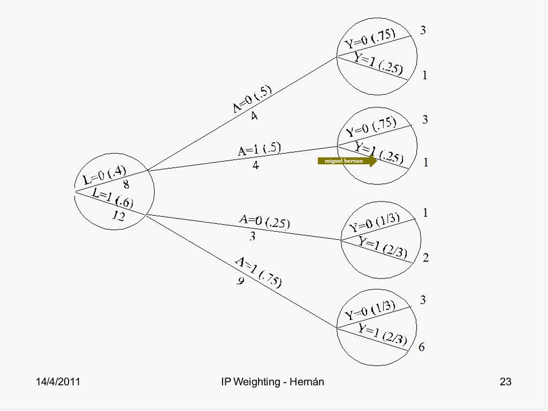What we need to know here is what the risk would be if everyone had received a heart transplant. We have only these 4 people and these 9 people with a heart transplant. But what if everyone, including the others, had also received a heart transplant? That's what IP weighting does.